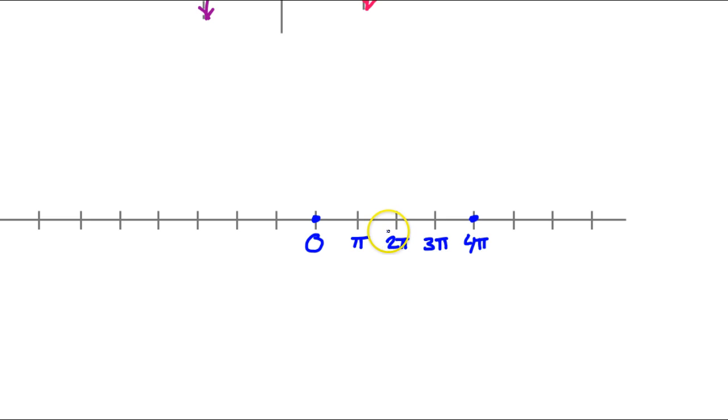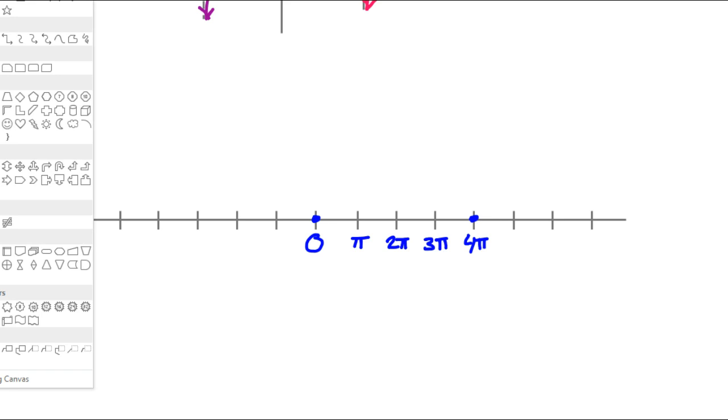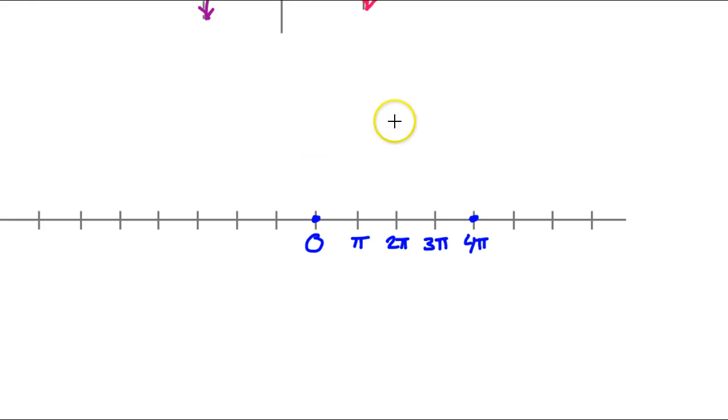We know that for the tangent function, there is a vertical asymptote right in the middle of the period. So I'm just going to go ahead and draw a vertical asymptote right in the middle of this period.